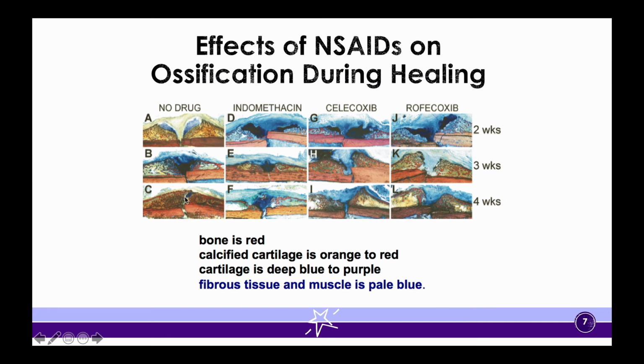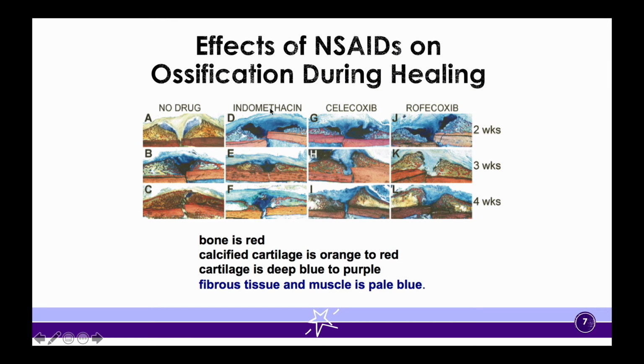And then by 4 weeks, what you'll notice is that the cartilage has now fully calcified. So here it was still forming as the cartilage you can see in the dark blue. And here, as it's more of this orange to red, we now have calcified cartilage. And ultimately that will start to reduce into bone as well.